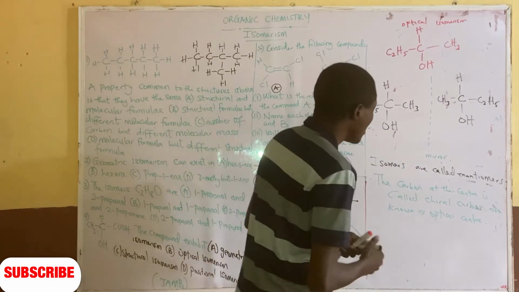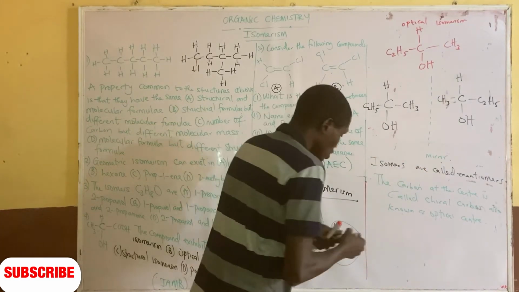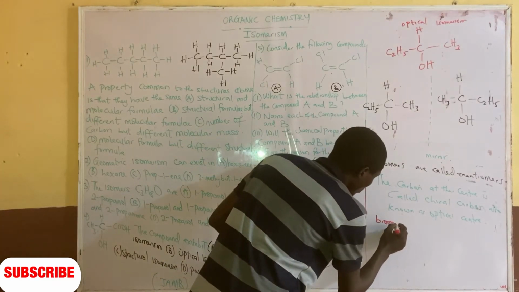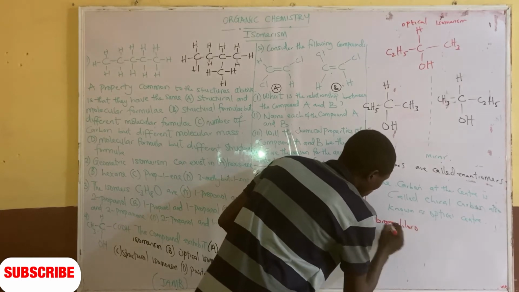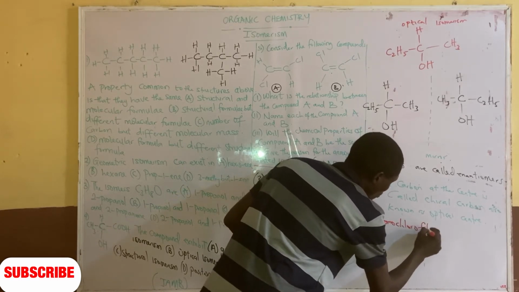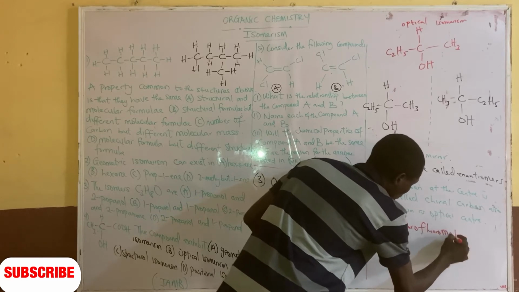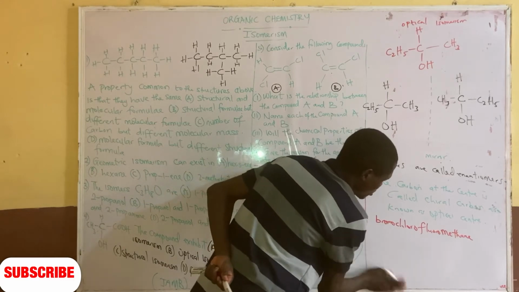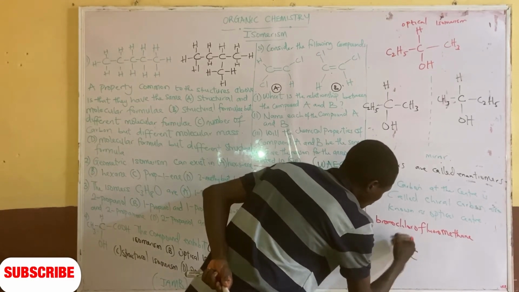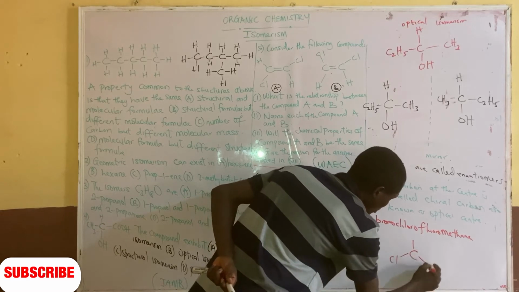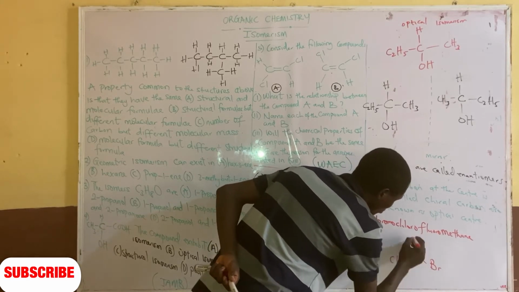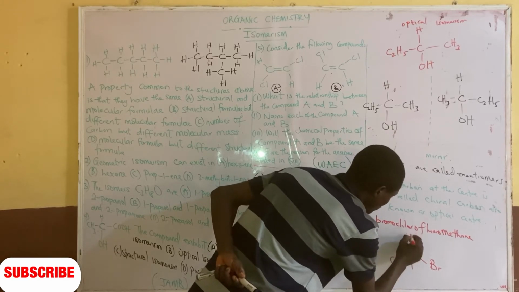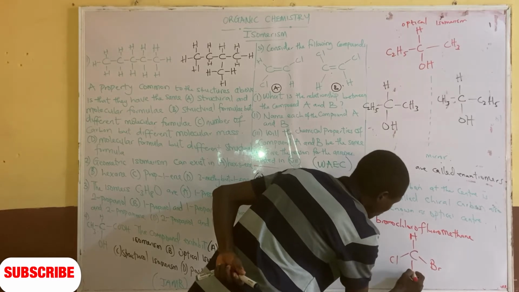So that's that. Another example is bromochlorofluoromethane. When you have C, you have chloro here, you have bromo, you have hydrogen, and you have fluoro here.